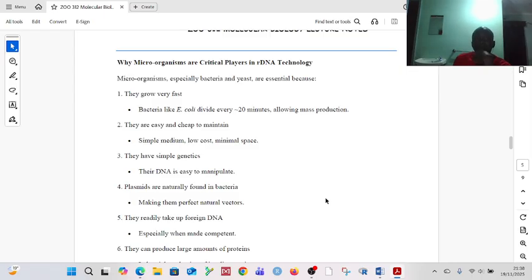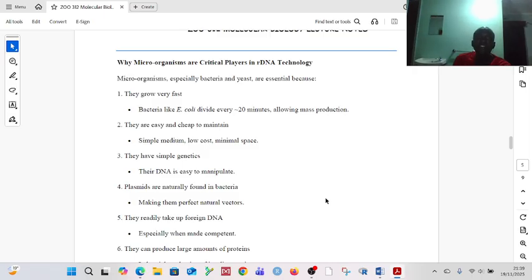We talked of plasmids being important vectors in this process. Because in some bacteria you naturally find plasmids, such bacteria are offering a natural source of vectors.